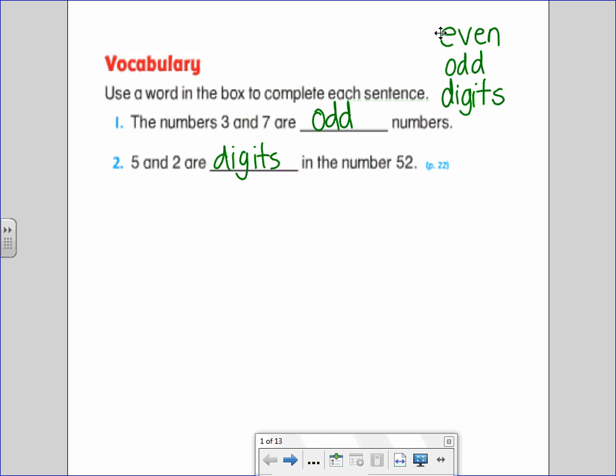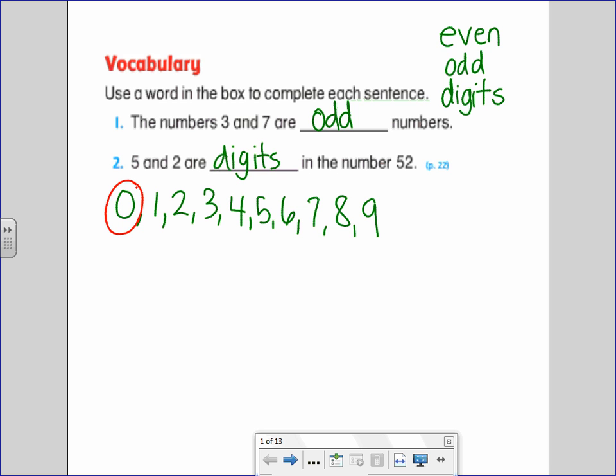So the digits are 0, 1, 2, 3, 4, 5, 6, 7, 8, and 9. We use these digits to make numbers, okay? There are odd digits and there are even digits. I just circled 0, 2, 4, 6, 8.